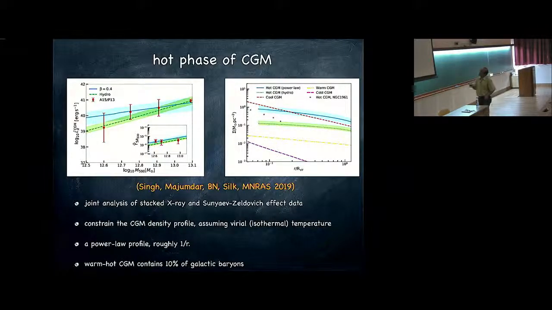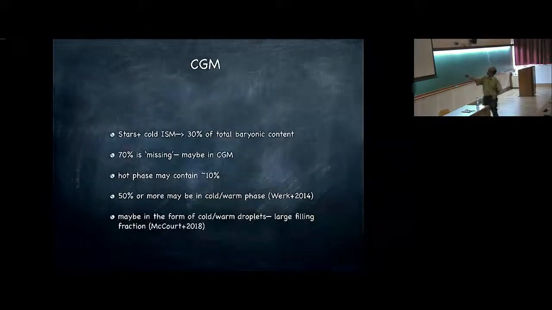From these studies, we have been able to constrain some of the properties of the hot CGM, assuming a very simple isothermal temperature structure, and we find that the hot phase at least has a density profile of about 1/r, and that the warm hot component contains about 10% of the galactic baryons, so that adds 10% of it here.